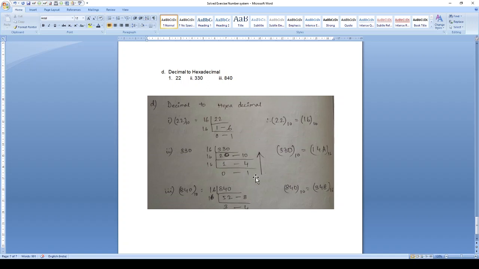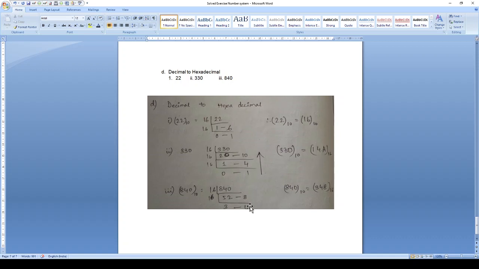So carry this 1 to the remainder side. You will get 1, 4, 10. So 1 and 4 are the individual remainders, and 10 is an individual remainder. So how is 10 written in hexadecimal? It is written as A. You will not write 10, you will write A. So it will be 14A. That is in hexadecimal.